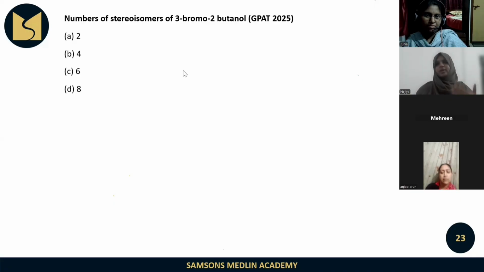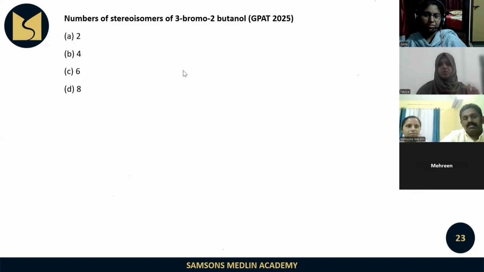Before showing the isomerism, there should be at least a chiral center, because in order to show optical activity, there should be a chiral center. Then we have a formula for finding the number of stereoisomers or optical isomers, that is 2 raised to n.